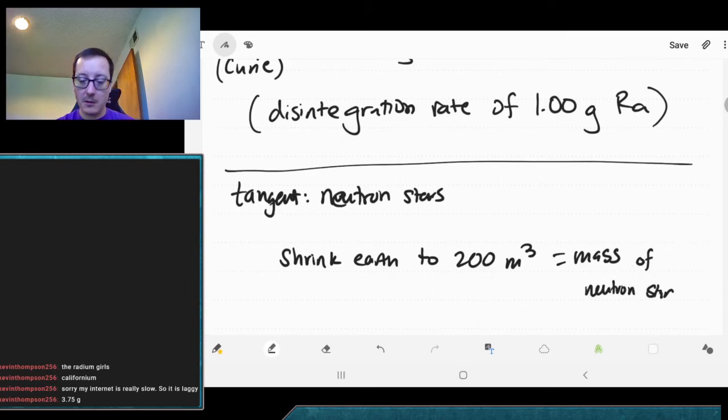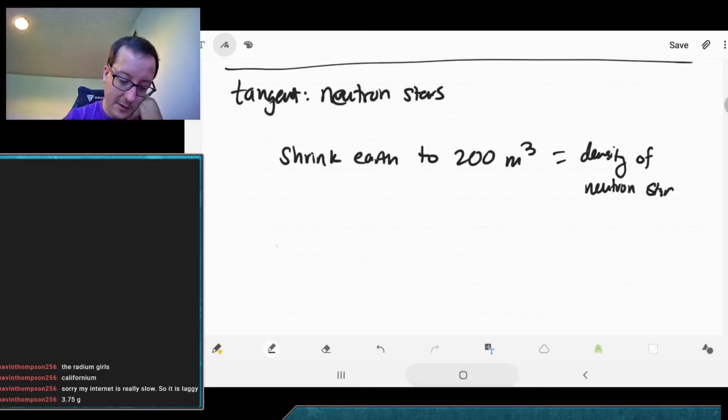So the entire mass of the Earth put into 200 cubic meters, that density, would be about what a neutron star is.